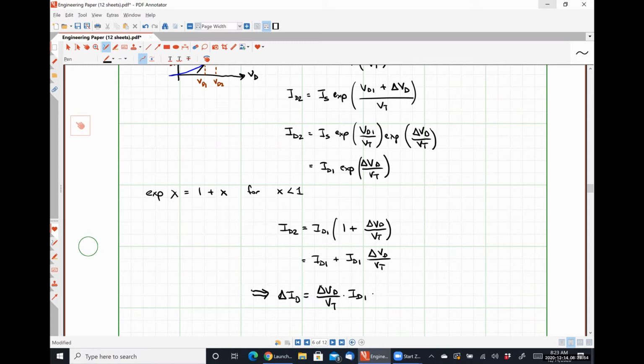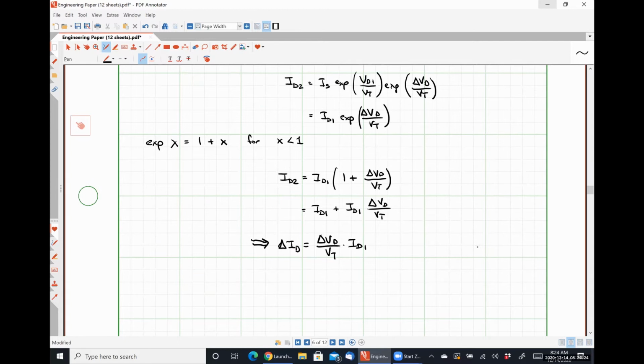Since delta VD causes a change, delta ID, in our diode current, the diode is actually acting like a resistor. So we have a simple linear relationship here, right? Where we have I is equal to V times some proportional quantity, which is exactly what our resistor behavior gives us.